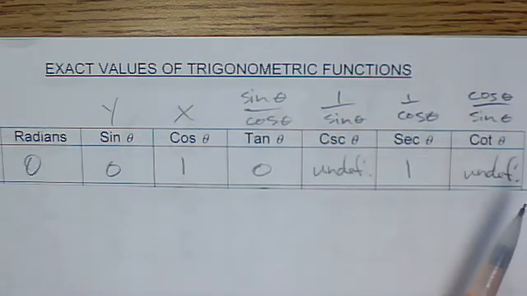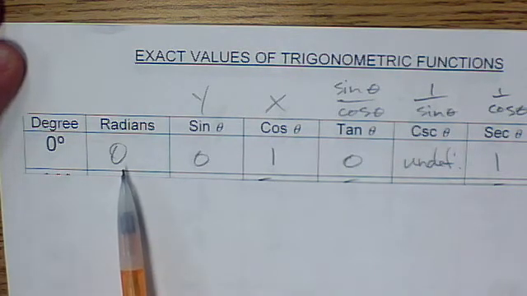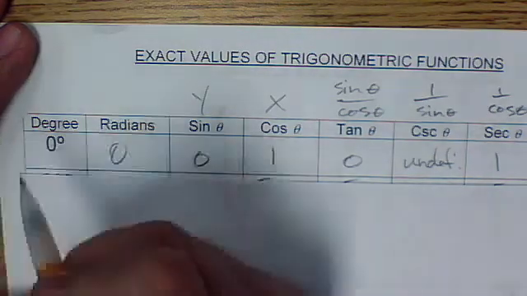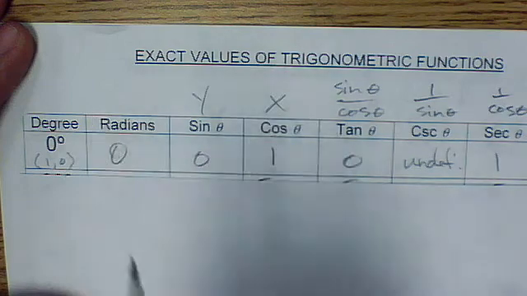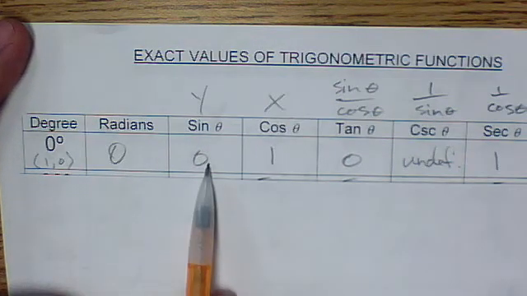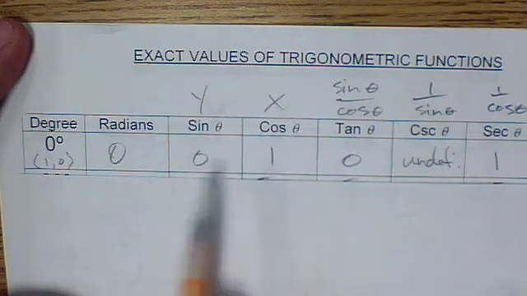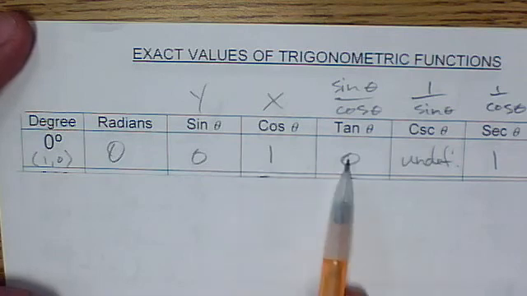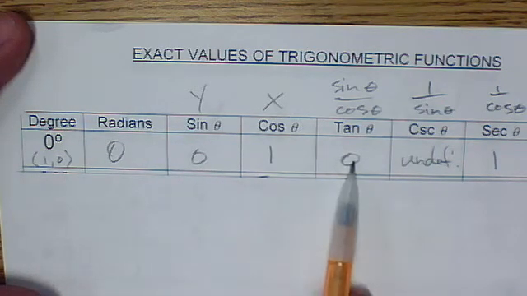So when you go through to fill this in, we're looking at 0 degrees, which is 0 radians. Remember that point at 0 degrees is 1, 0. So the sine is 0, the y value. The cosine is 1. Cosine of 0 degrees is 1. The tangent is sine over cosine, so 0 over 1 is 0.